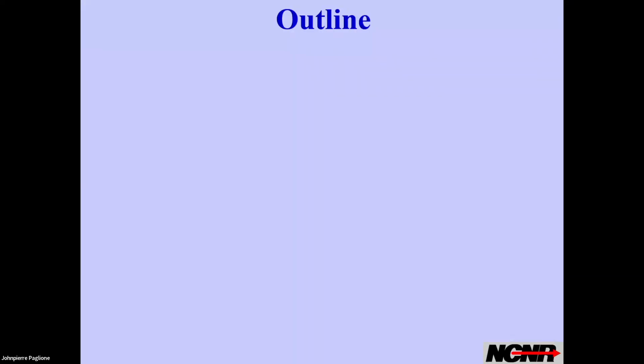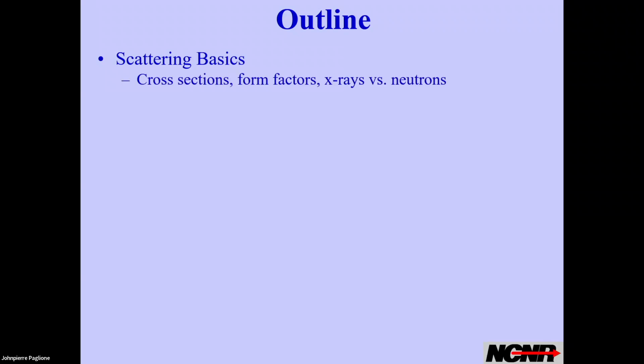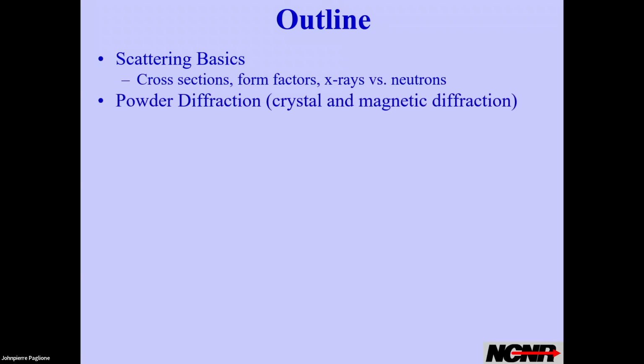Okay, so here's the outline. First is talk about the scattering basics, and of course you've already seen some of that from Colin Brown at the start. I'm going to focus mostly on elastic scattering because I knew that he was going to talk mostly about inelastic scattering. And so I'll talk about the cross section, and then powder diffraction, and both to get crystal and magnetic structures out.